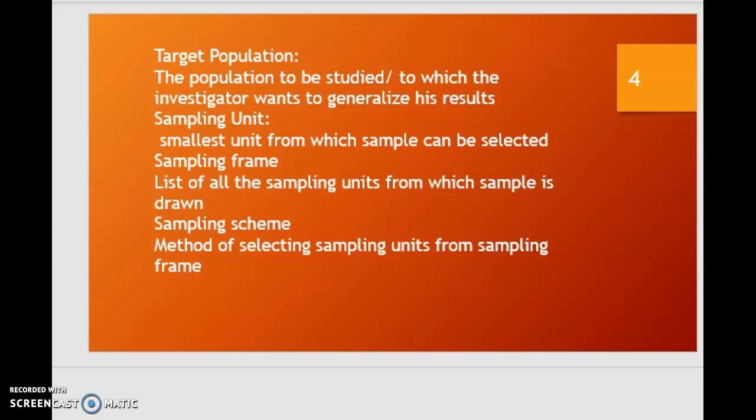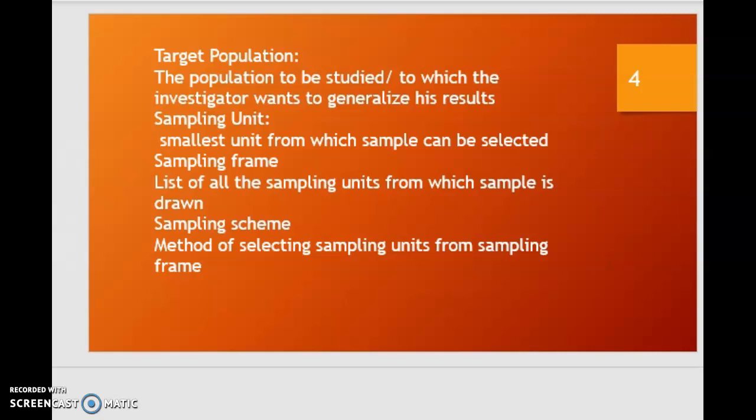And so we would have to find a way to get information from some of the students that we would use to make some guesses or estimation about the entire population. And so we would use what we call the sampling frame, which is the list of all the sampling units from which a sample is drawn.